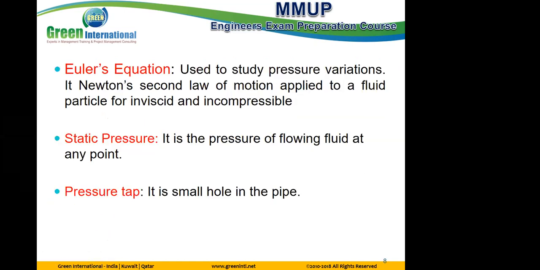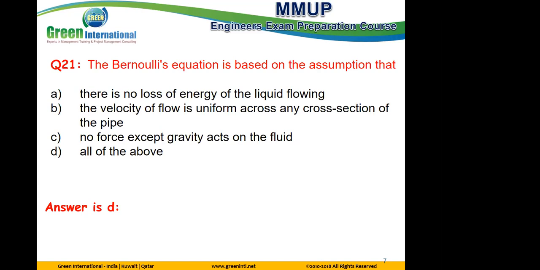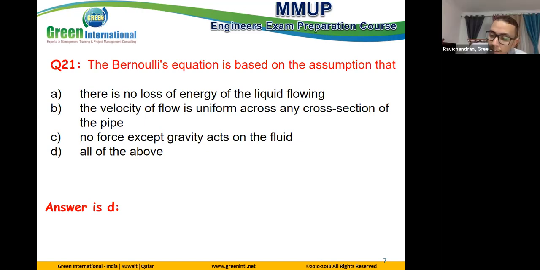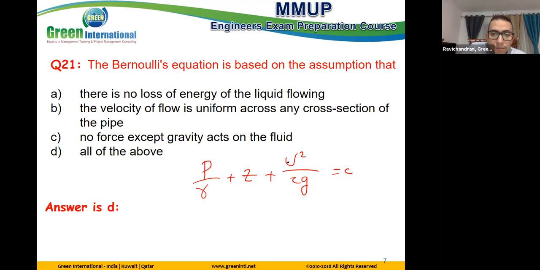I have one doubt, Mr. Sami. I don't agree with this answer. How come the velocity of the flow is uniform? Actually, if you check the equation here, you will find P over gamma plus Z plus V square over 2G equal to constant. Here velocity is a scalar value.